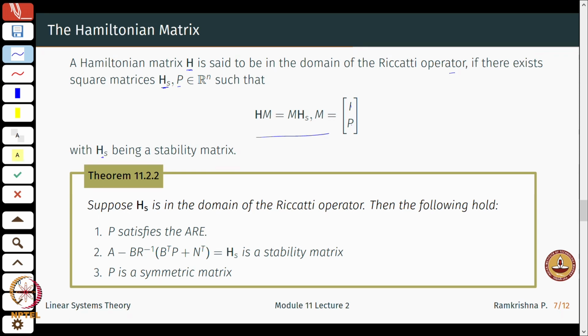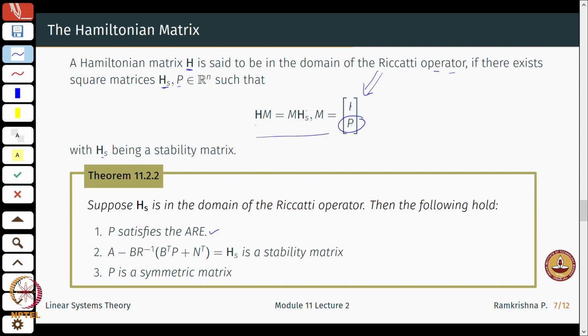Okay. So what does it mean by this Hamiltonian matrix being in the domain of the Riccati operator? If something like this holds, where Hs is a stability matrix, then P satisfies the algebraic Riccati equation, right, and we will slowly see how to derive this P also.